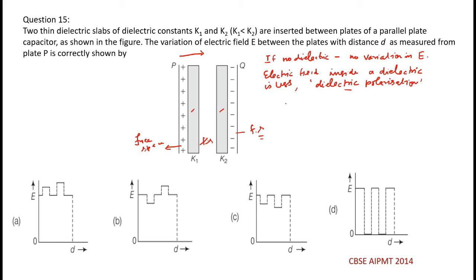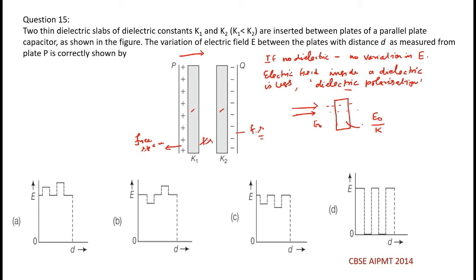By what factor? Suppose here the electric field is, say, E0. If you keep a dielectric here, the dielectric is subjected to the electric field. Then electric field here will be less by a factor equal to dielectric constant of the medium.